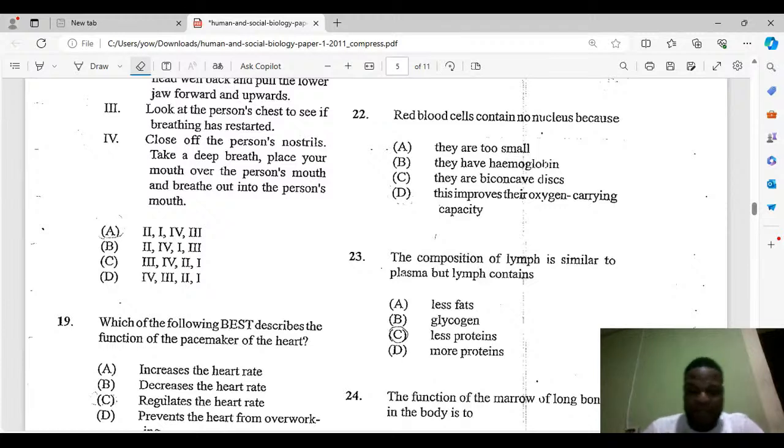So cells that come from the lymphatic system are called lymphocytes. Please write that down if you never knew that. Lymphocytes are the cells that come from your lymphatic system. What is plasma?